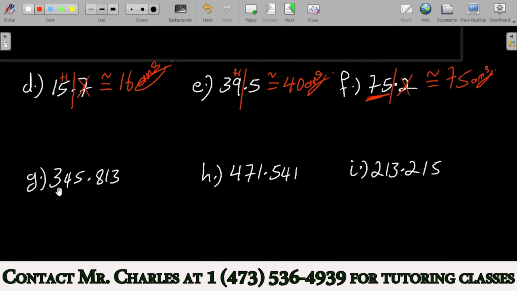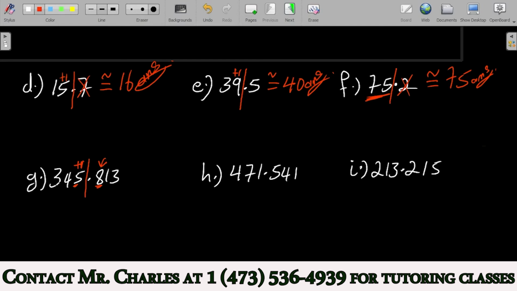Now we have 345.813. The digit in the first decimal place is 8, and the digit in the units place, or the ones place, is 5. So our line comes between the 5 and the 8. The 8 here is greater than 5, so we have to add 1 to the 5 in the ones place.